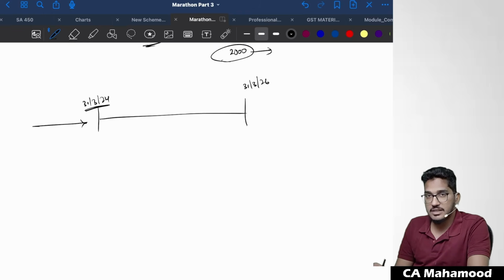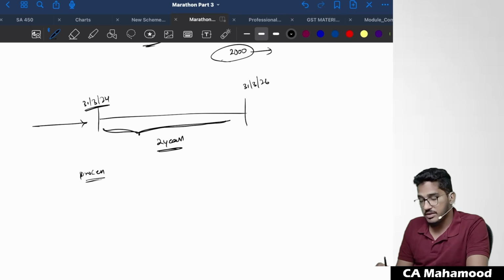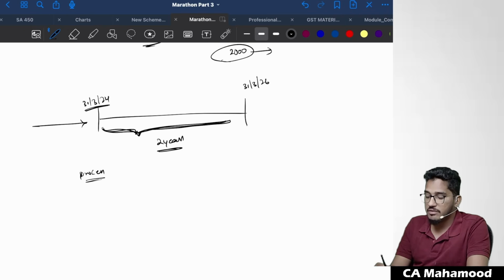Now, for increasing this due date, for these extra 2 years, the banker will get interest income. But in addition to that, the banker will charge some other income also. In the name of processing charges, in the name of some other fees, they will say, sir, we will extend the due date by 2 more years. For these 2 years, you have to pay interest. Along with that, since we are extending the due date, there will be processing charges of 1 lakh rupees.